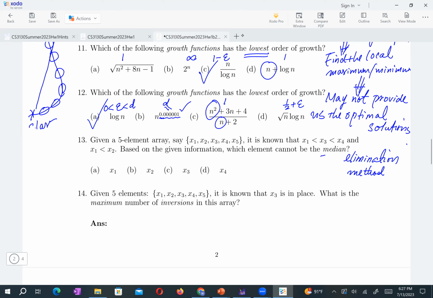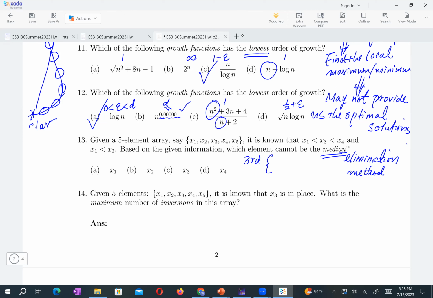The median. First we need to explain the median. Median is the third position in the sorted array.